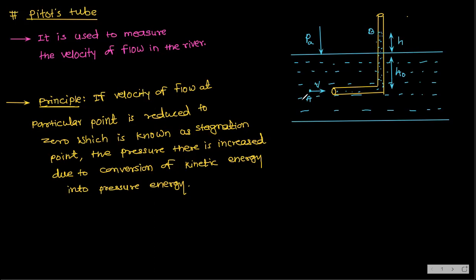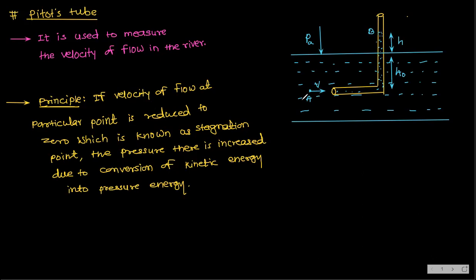Now see, what is our principle? If velocity of fluid at a particular point is reduced to 0, then the pressure there is increased due to conversion of kinetic energy into pressure energy.